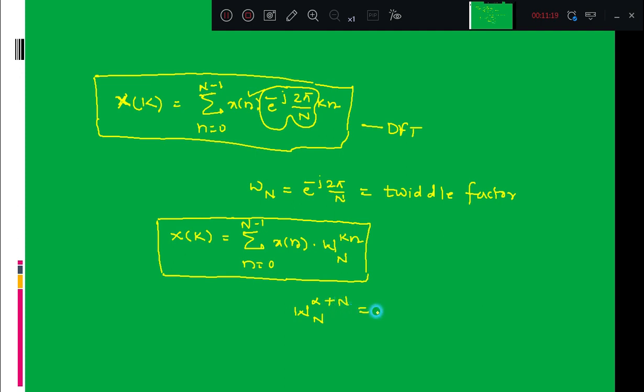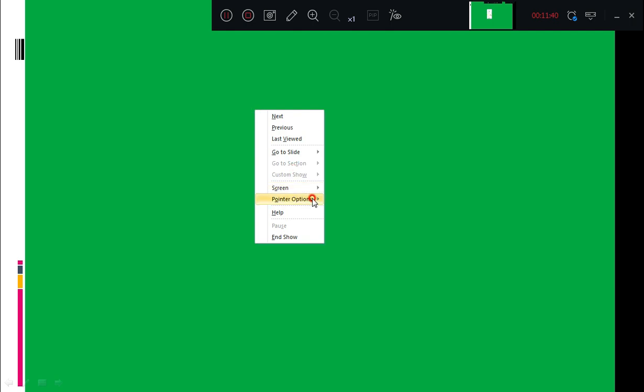This can be written as W_N raised to α. If this condition holds good, then I can say W_N, this complex quantity, obeys the periodicity property, right? So here let us prove how it obeys the periodicity.